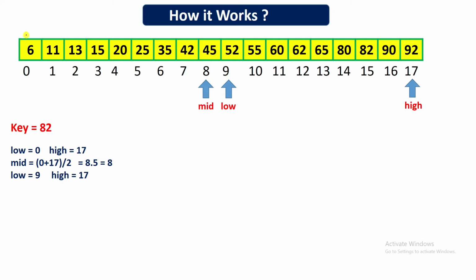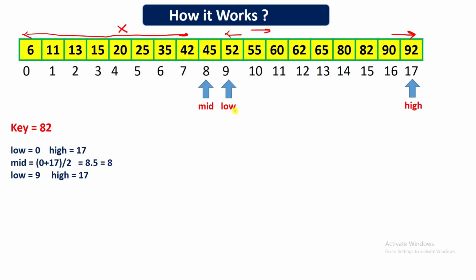That means you are not checking these elements, because 82 can only be present on this side, it cannot be present here. You will search from the 9th index to the 17th index only.